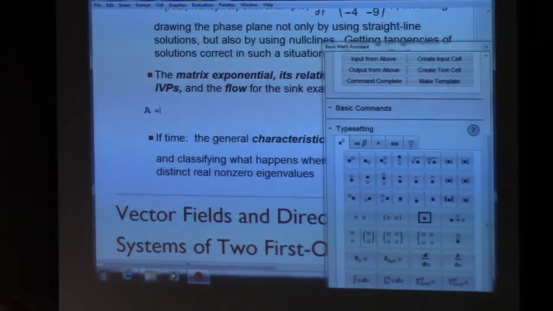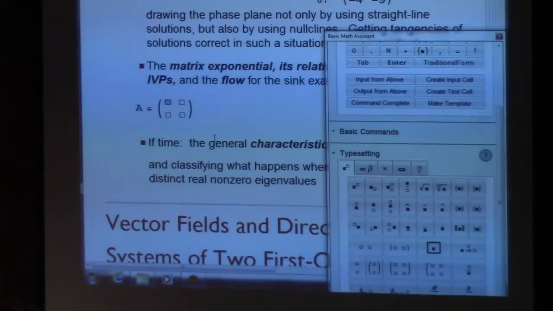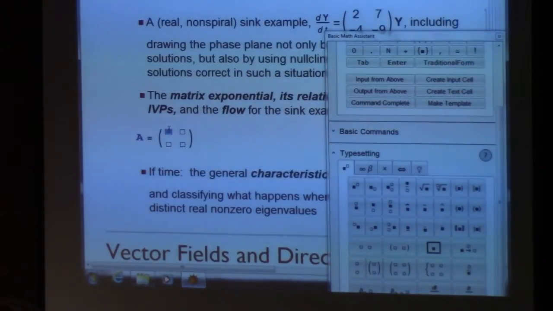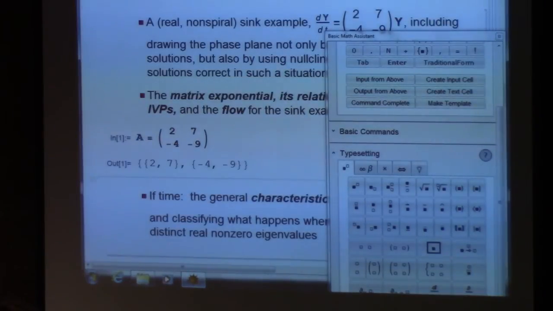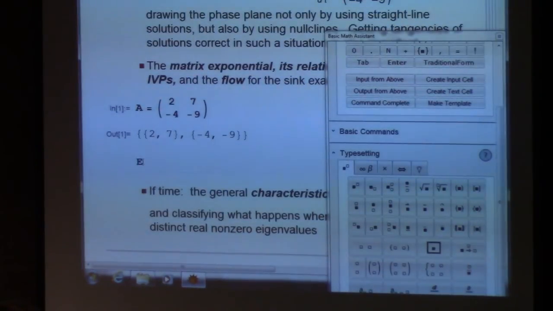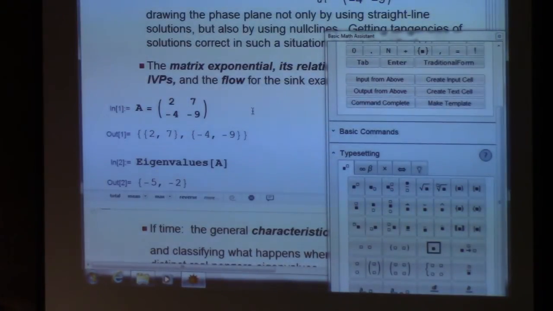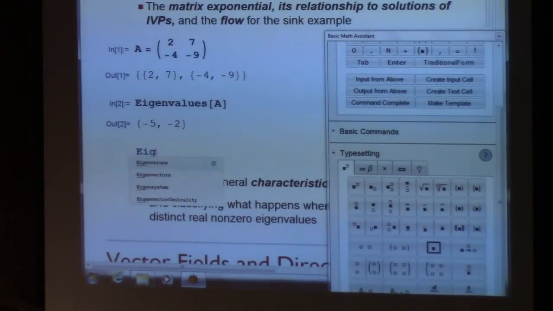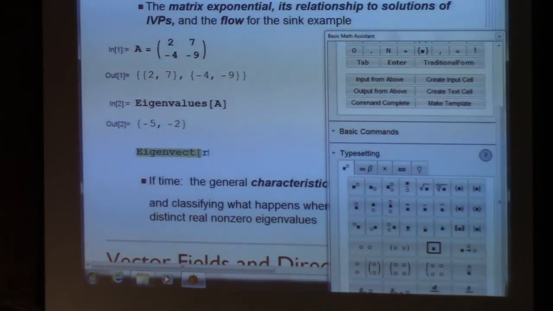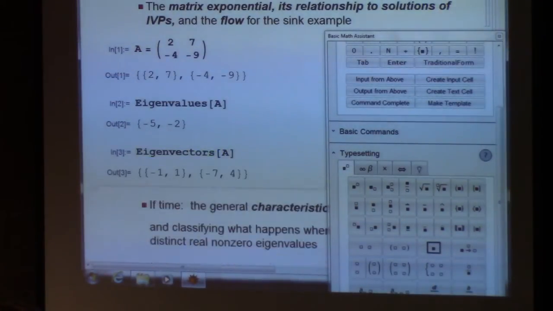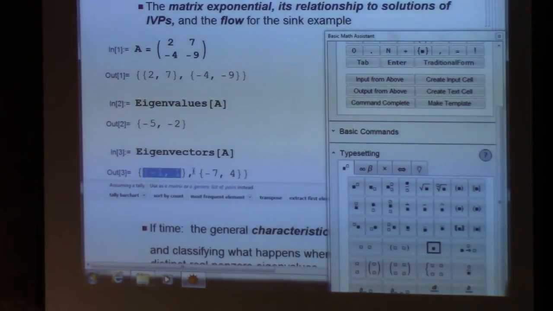A equals, same example, 2, 7, -4, -9. Probably I should show you first that Mathematica can calculate eigenvalues and eigenvectors. Eigenvalues are -5 and -2. Corresponding eigenvectors are these two, which it looks like Mathematica picked the same answers as mine except multiplied by -1.